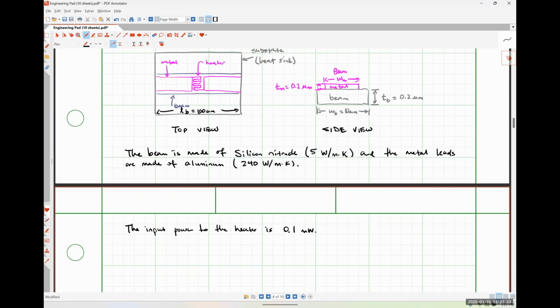And we want to know what is the heater temp, assuming the substrate maintains a temperature of 27 degrees Celsius.